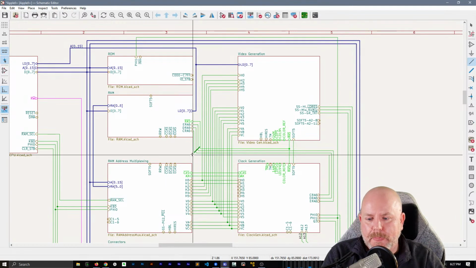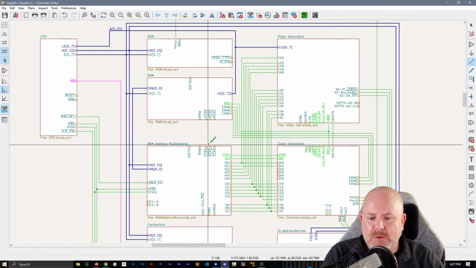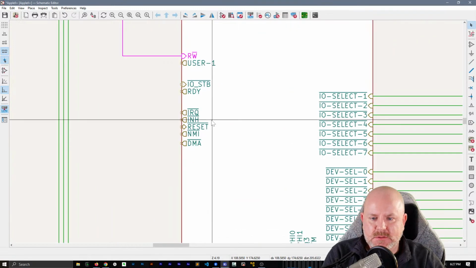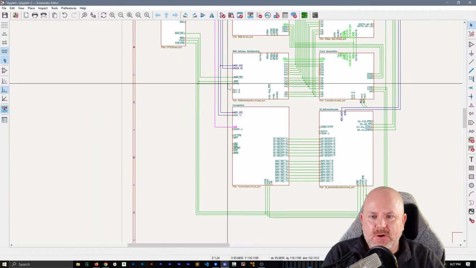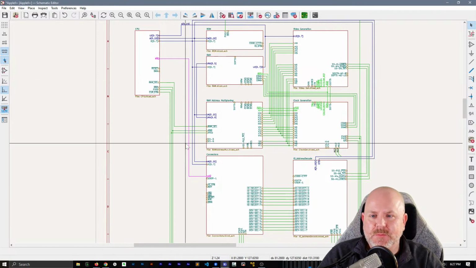Yep, there we go. DMA probably goes to the connectors because I think that is a slot signal. IRQ probably goes to the connectors, but IRQ doesn't go to the CPU.